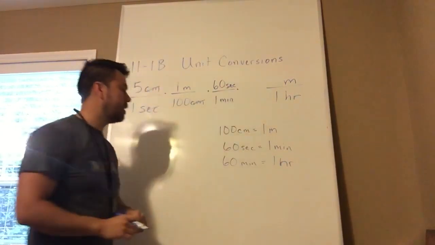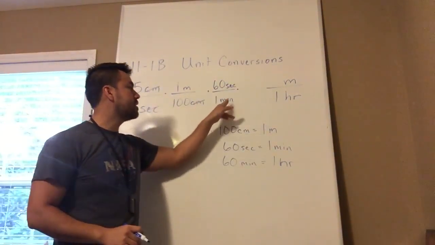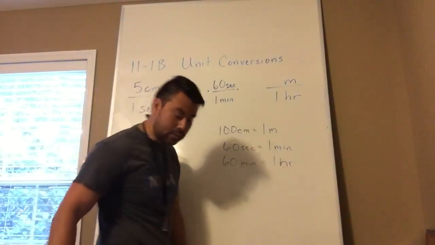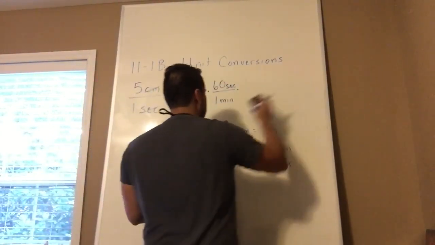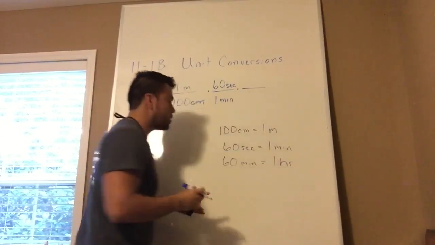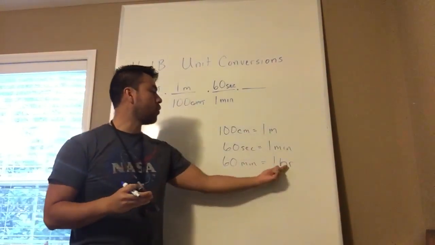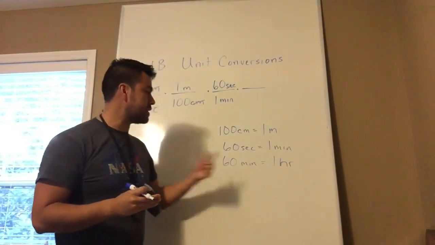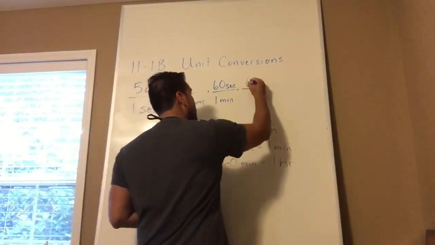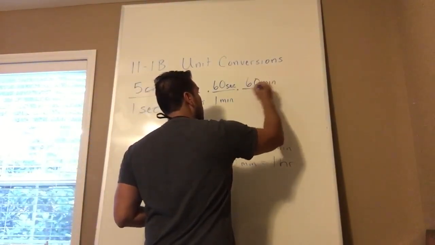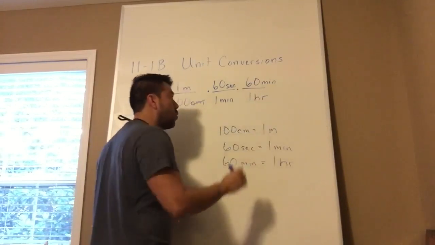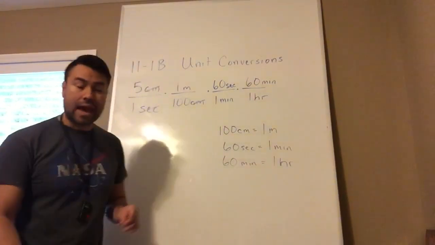They cancel out. Now I have to go from minutes to hours, and I'll erase this because this is our goal. I don't want it to get in the way. Should I use 60 minutes over 1 hour or 1 hour over 60 minutes? I'm going to use 60 minutes over 1 hour because the whole goal is to end up with hours.